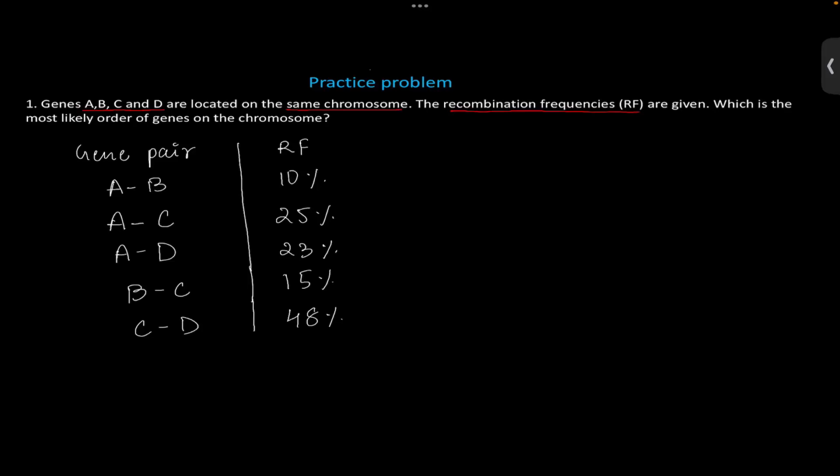There is one chromosome given to you like in the previous example, and you have to arrange these 4 genes A, B, C, D when you are only given the recombination frequencies.